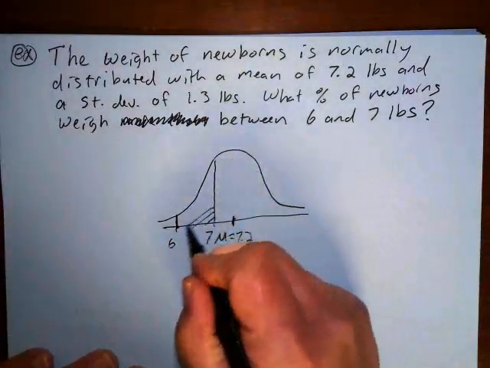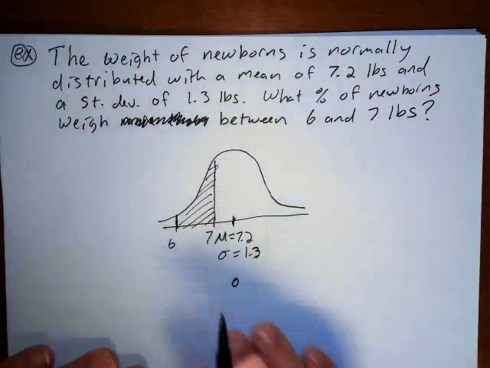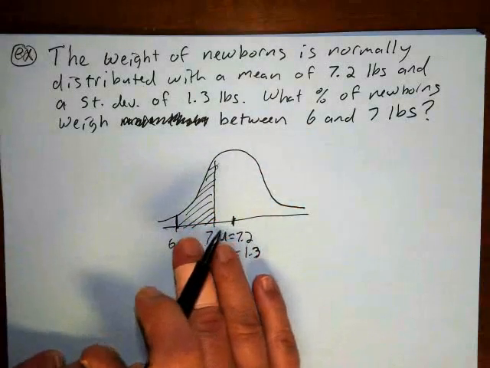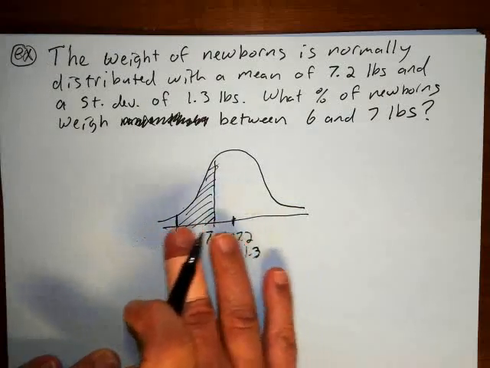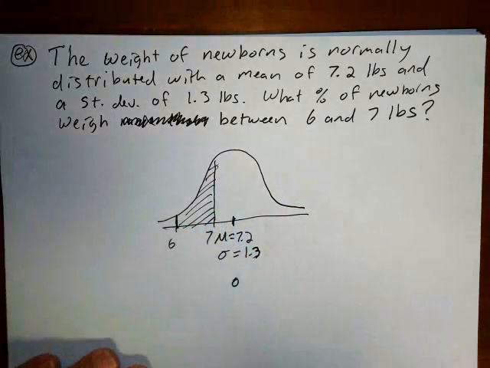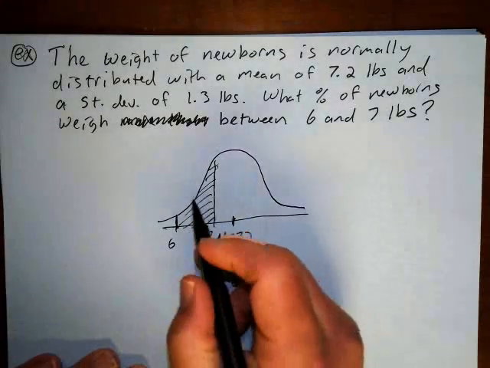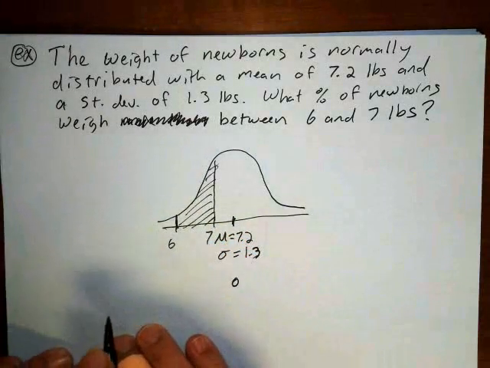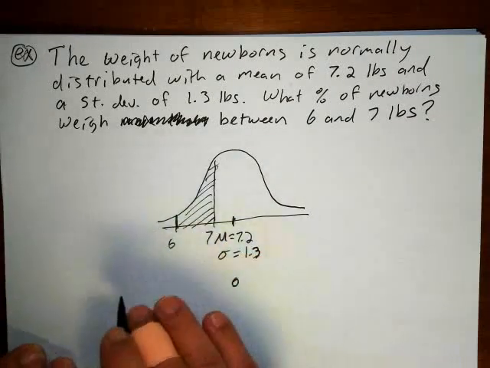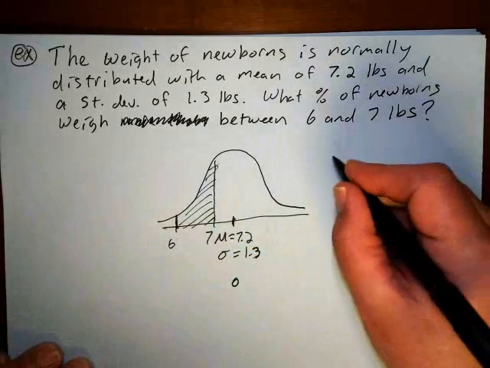And then what I want to do is find this area between. This doesn't have to be perfect. It's just important that they're on the correct side of the mean and you make it somewhat realistic. Okay? And so I want the area between these two values.